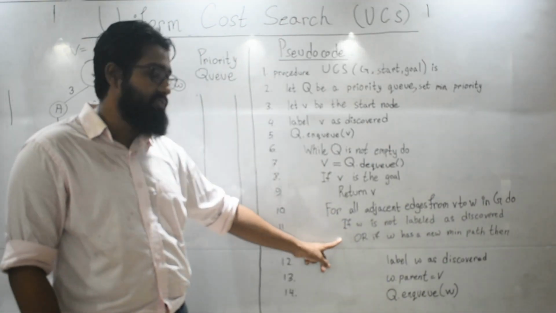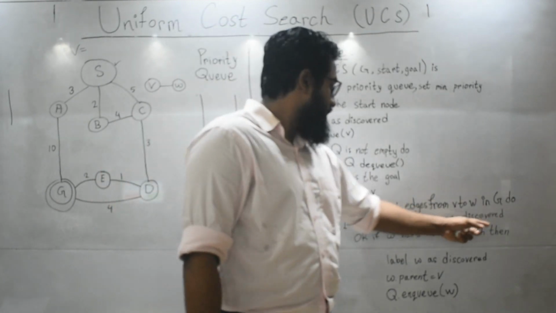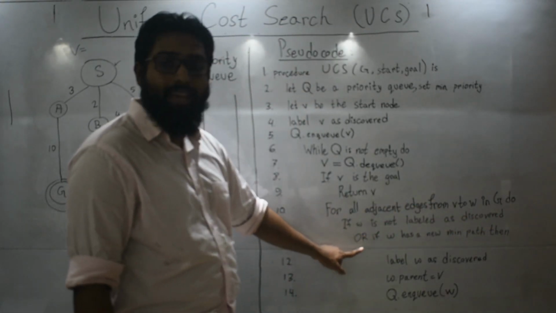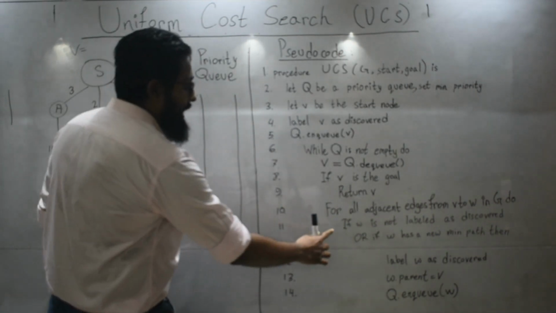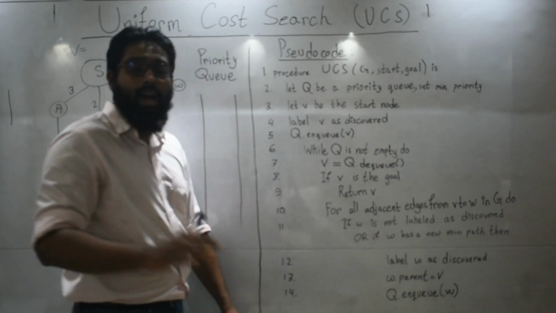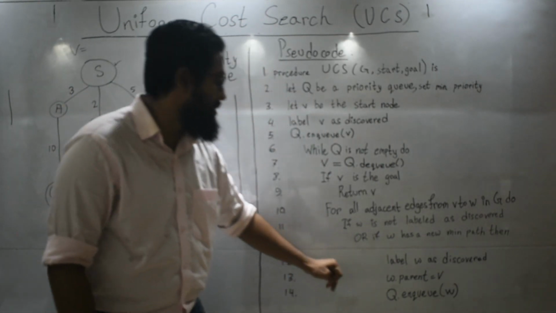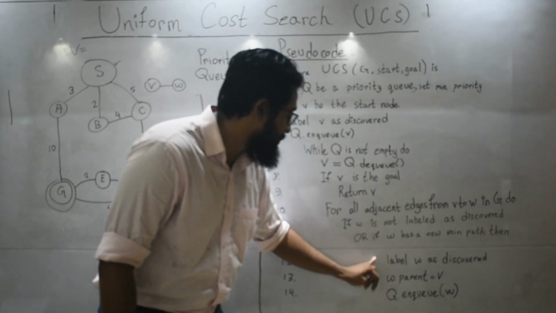This is a composite if condition. It has got one condition with another condition and both of them are in an OR operation. What does that mean? If any one of them is true, then these actions will be performed. But if both of them are false, then you will skip all of these.